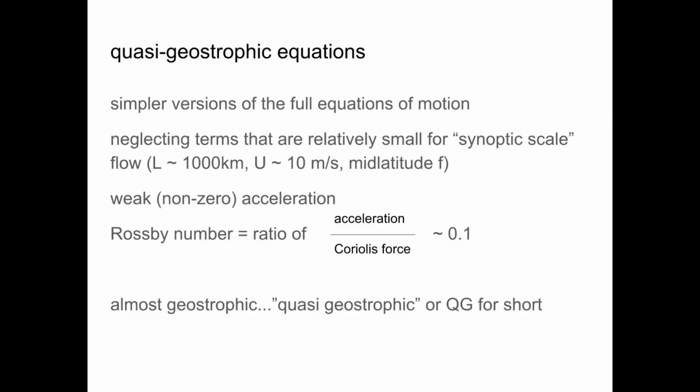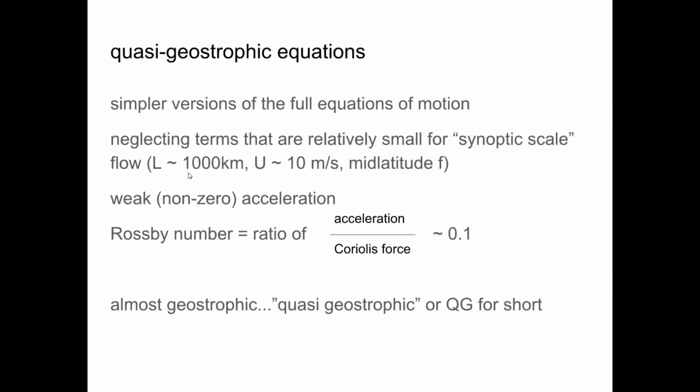Now, I mentioned before we're going to be looking at the quasi-geostrophic vorticity equation, and we usually call the quasi-geostrophic system of equations the QG equations for short. These are simpler versions of the full equations of motion, where we can neglect terms that are relatively small for large-scale flow, what we call synoptic scale flow.